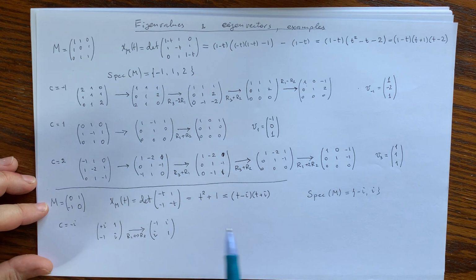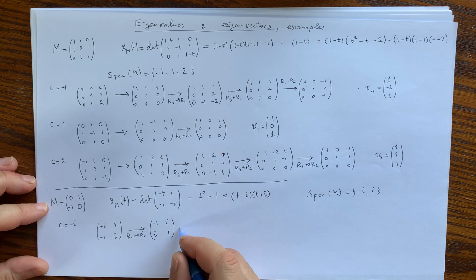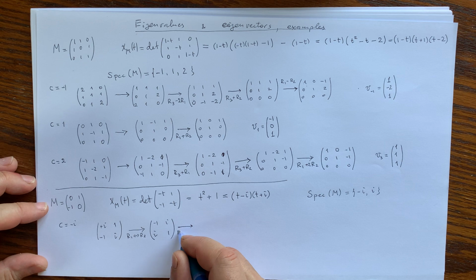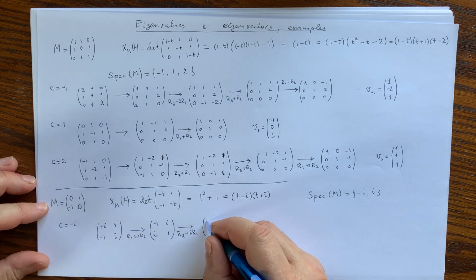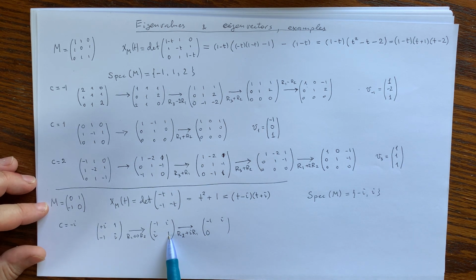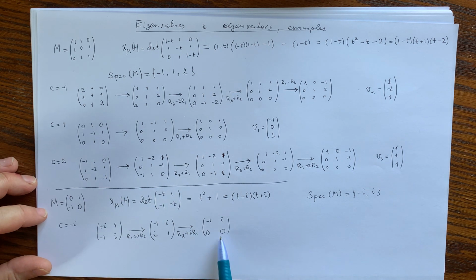And then to eliminate the second coordinate of the first column, we have to take this coordinate, multiply the first row by the appropriate number, and do the row addition. So there will be a coefficient, which is just i if I'm to add. And what will happen is that I'll have 0 here as desired. What will happen here, I have to compute. But what happens here is 1 modified by i squared. And i squared is -1, so I'm going to see 0 here, which is a good sign.